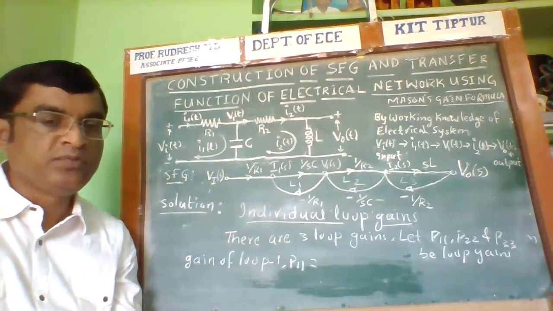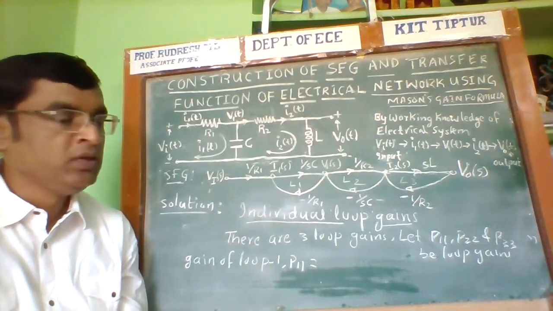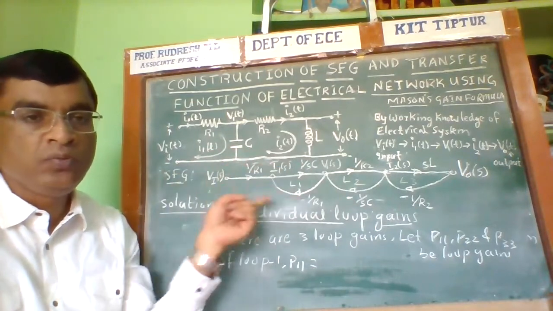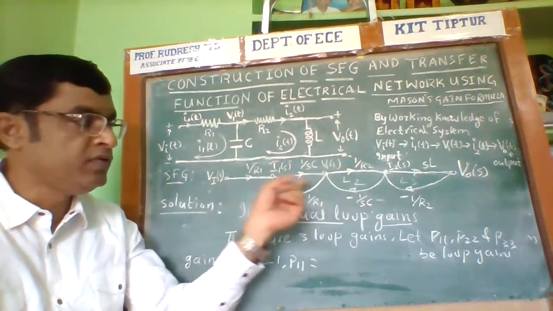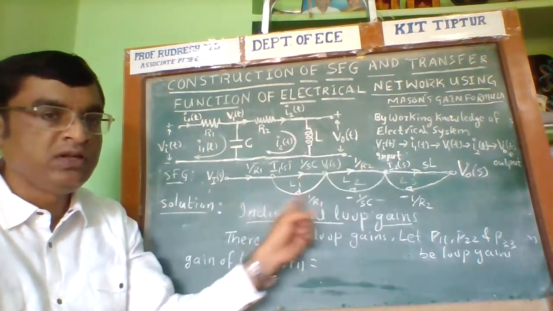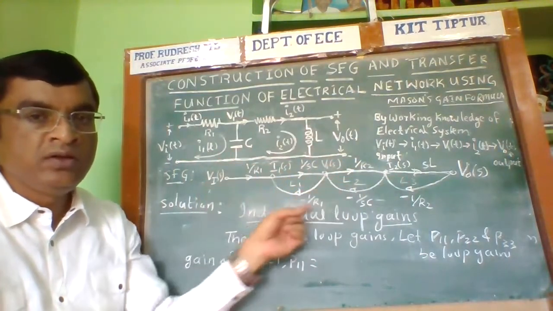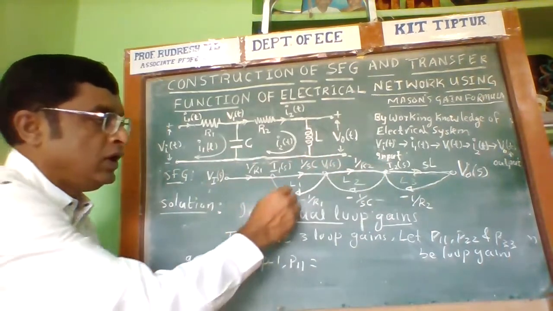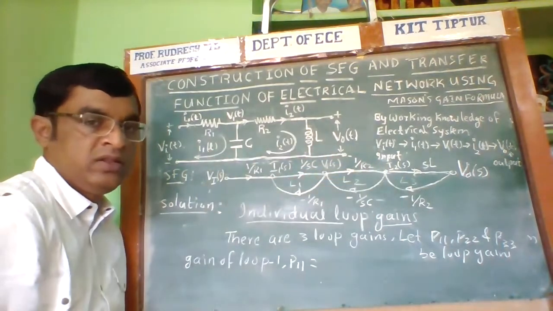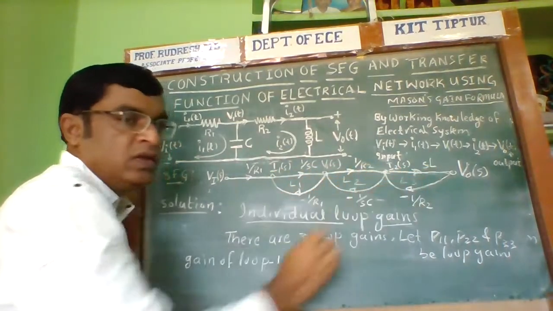In order to calculate individual loop gains, we need to identify how many loops are present in the signal flow graph. After observing the graph, there are 3 loops, L1, L2, L3. This is one loop, this is another loop, and this is the other loop.